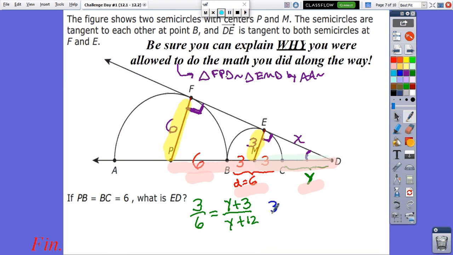So we'll get 3y plus 36 equals 6y plus 18. Subtract the 3y over to the 6y and be left with 3y. Subtract the 18 over to the 36 and get 18. We know that this y piece is equal to 6.